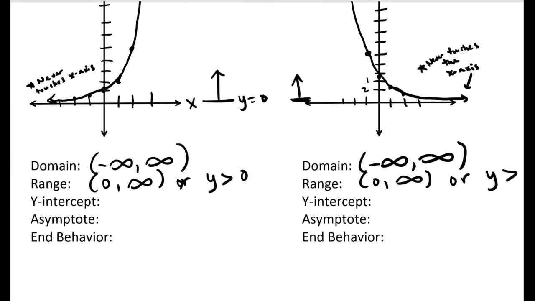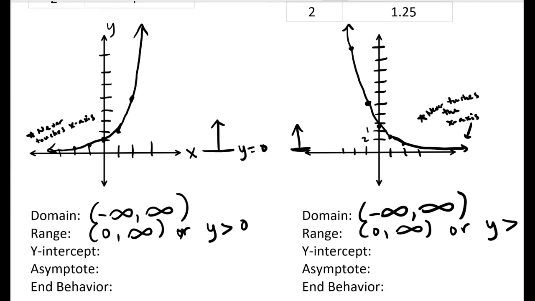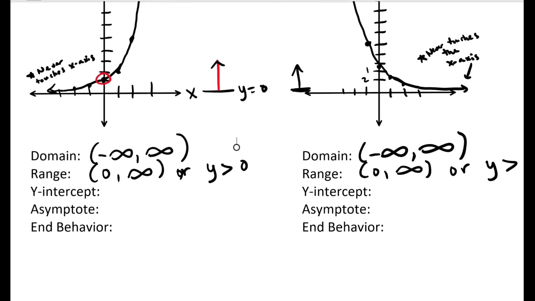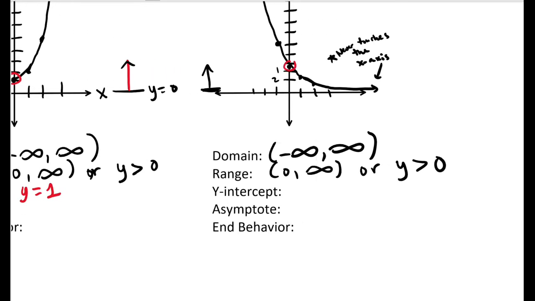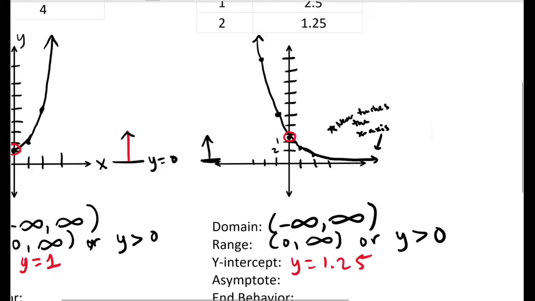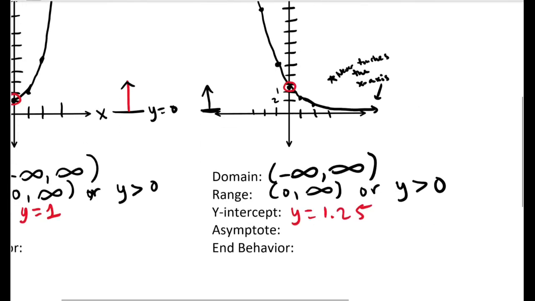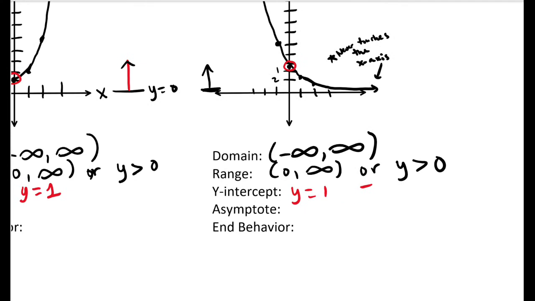Now the y-intercept is where it crosses the y-axis. So the only spot it crosses the y-axis is here. So that's my y-intercept. So my y-intercept is y equals 1, and my y-intercept here is y equals 1.25, which actually is going to be 2.5, not 1.25.